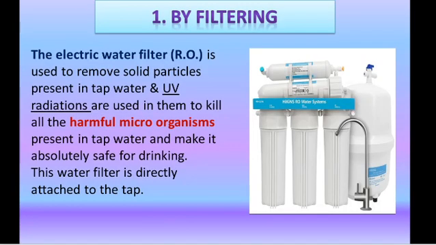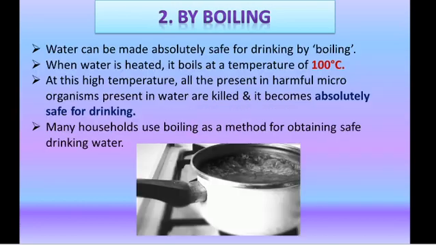We can fit an electric water filter, that is RO, to remove the solid particles present in tap water. We can also use UV radiation, ultraviolet radiation, to kill harmful microorganisms. By the filtering process we can get water which is absolutely safe for drinking. We can attach the system directly to the tap.